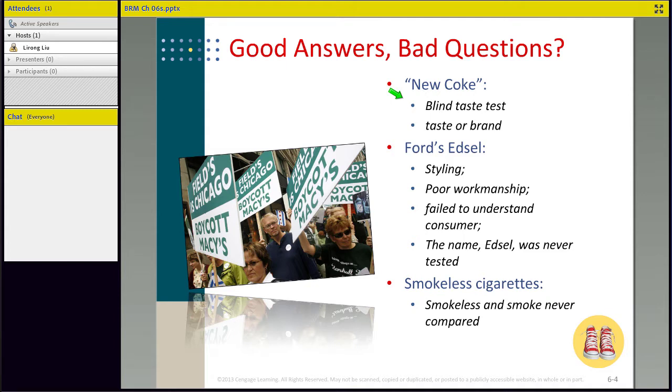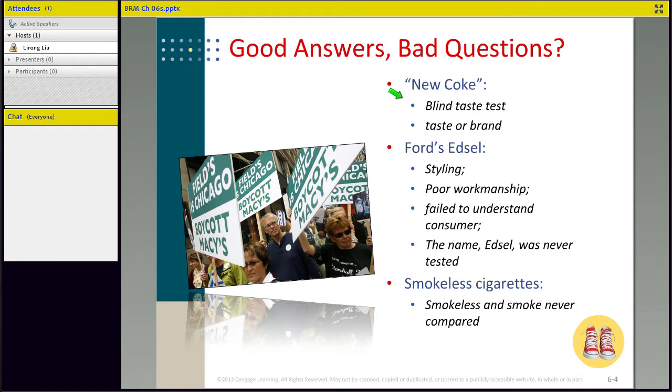They conducted a blind taste test, with people drinking several cups of drinks, trying to tell which one tastes the best, which one tastes second, etc. The research did reveal that people think new Coke tastes better than Coke. Well, if the management based their decision on this result, they will say, all right, let's replace our old Coke with this new Coke because it tastes better.